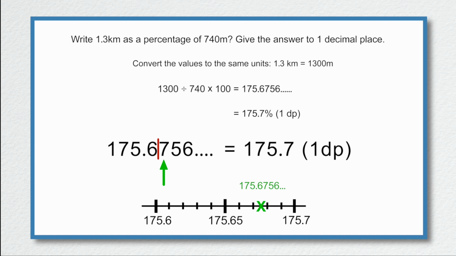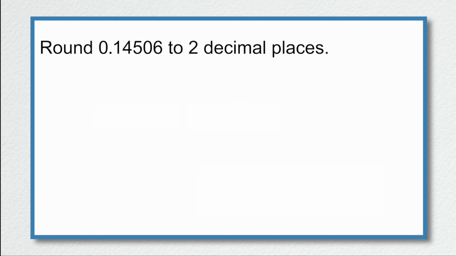And this approach can be used for rounding to 2 decimal places, say. So when we are talking about rounding a number to 2 decimal places, we are now talking about rounding to 2 decimal places after the decimal point. So if we are asked to round 0.14506 to 2 decimal places, well, here's the number, and here's our cutoff point.